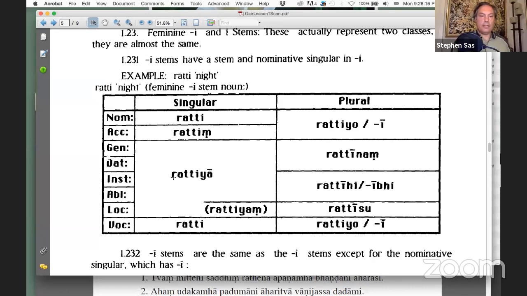So in this case, the word rati, which is a feminine noun meaning night, in this case, the genitive, dative, instrumental, ablative, and possibly the locative all share just one form, ratiya. So that's good news and bad news. The good news is that you don't have to learn so many case endings because it's all the same.